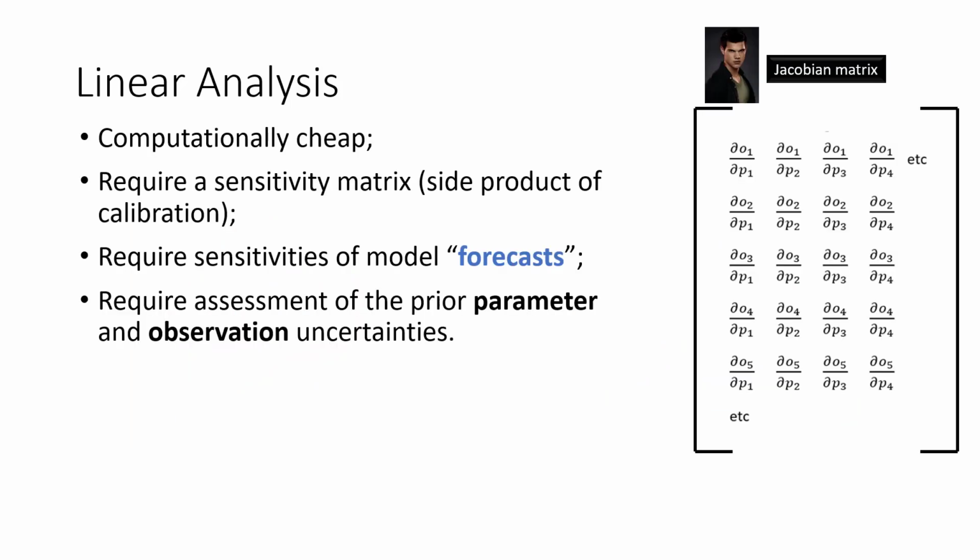A major advantage of these methods is that they are computationally frugal, because all that they require in terms of model runs are the calculation of parameter sensitivities. Recall that where calibration is undertaken using software such as PEST, as part of that process, a Jacobian matrix is filled. Elements of this matrix are the differences in each model output caused by a change in each model parameter, also known as sensitivity coefficients.